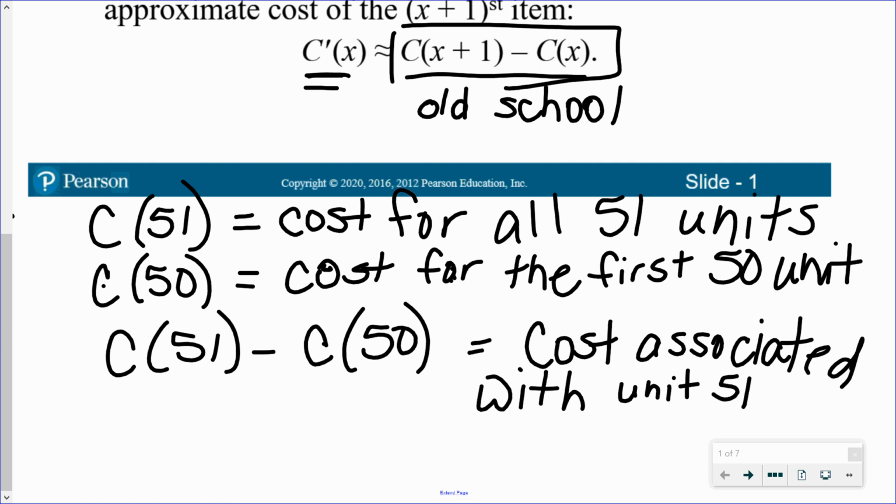Not all 51 units, okay, but just that one single unit.